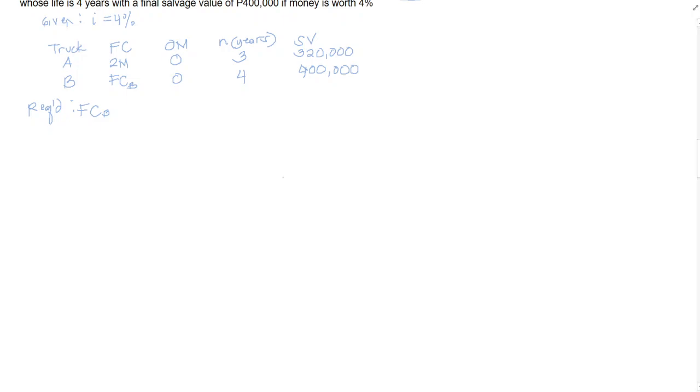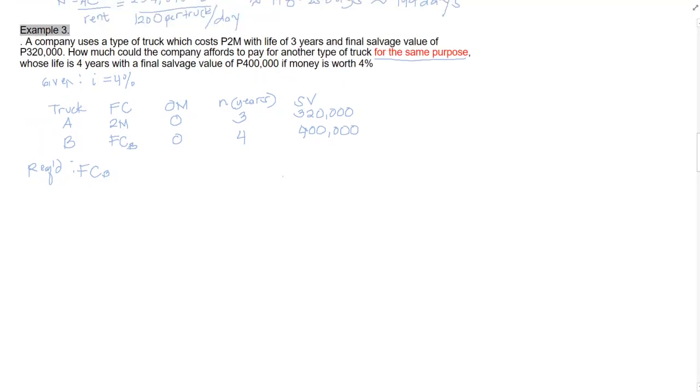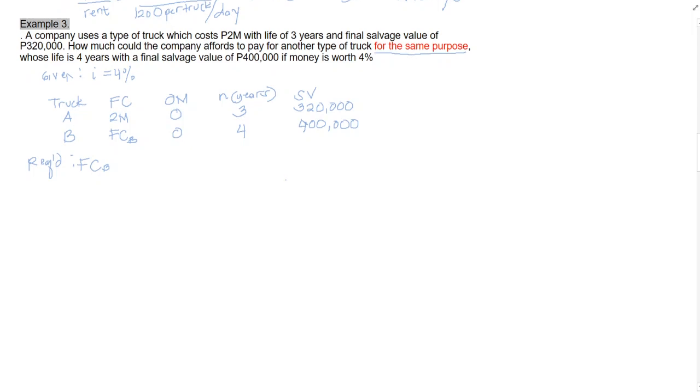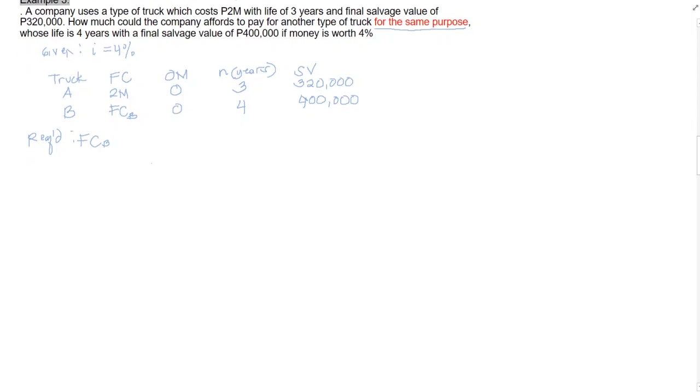Okay, so for this one, we just equate the two trucks using the formula for capitalized cost. So for this, let us just denote this one. That is the capitalized cost of the first truck, that is equal to the capitalized cost of your second truck. So we just equate the two since the trucks are for the same purpose.